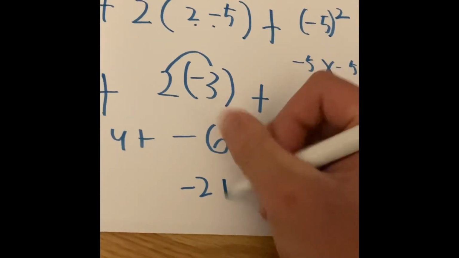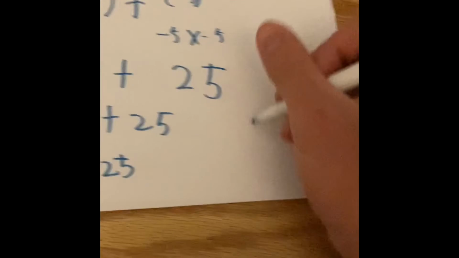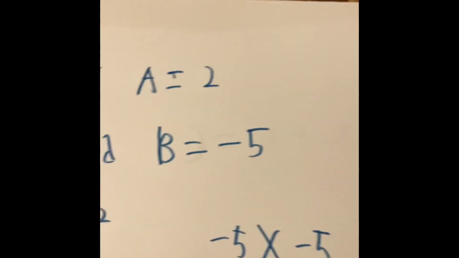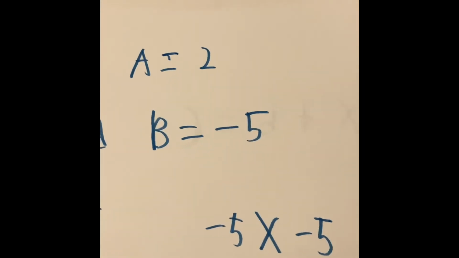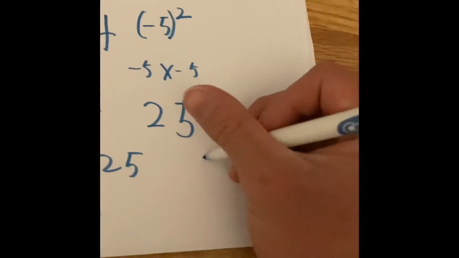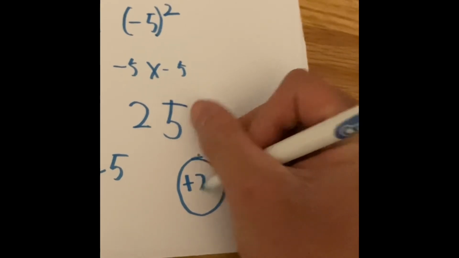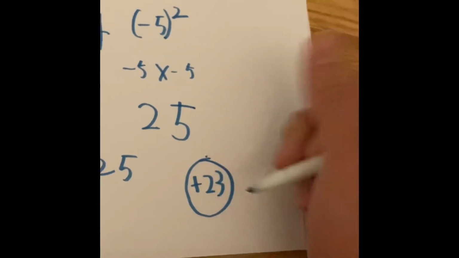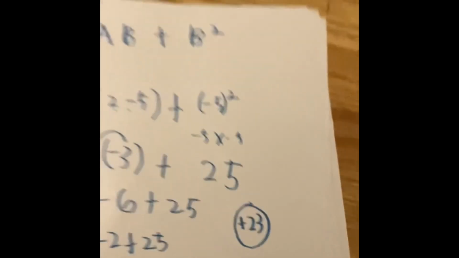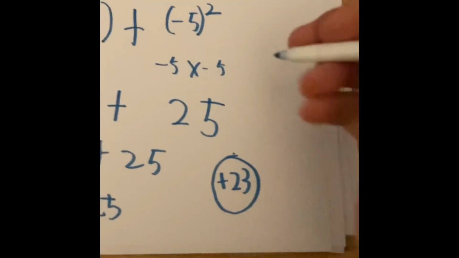And when we add 25, we get our answer: if A equals 2 and B equals negative 5 in this equation, our answer is a positive 23. So yeah, we did it. We have inserted the information we have into our equation and got to an answer.